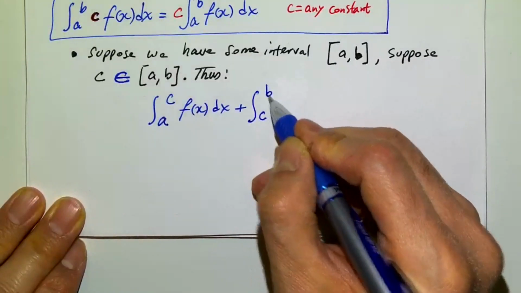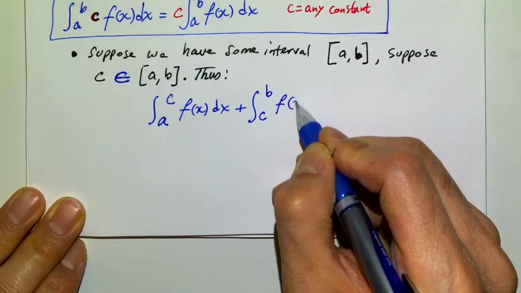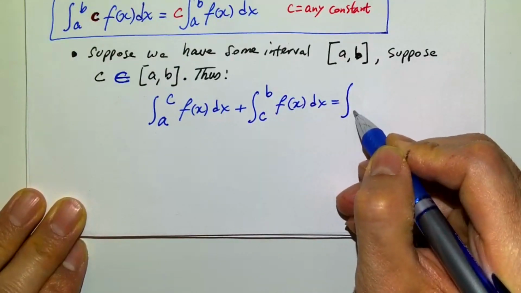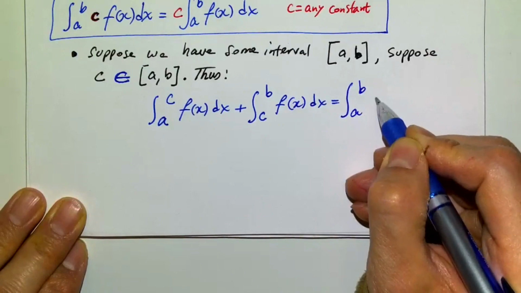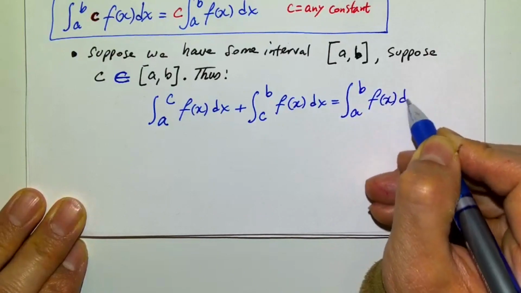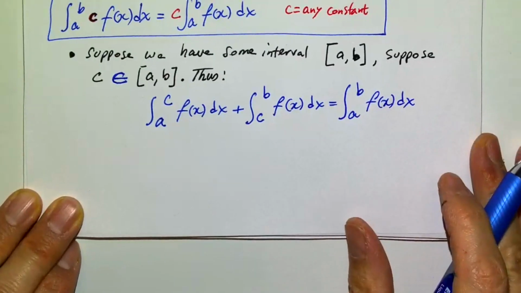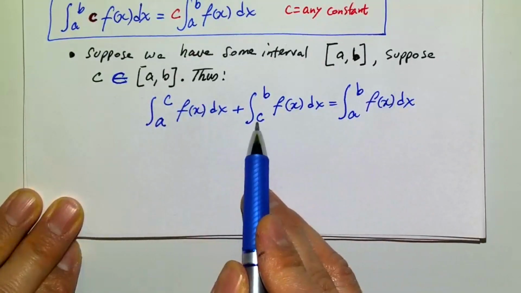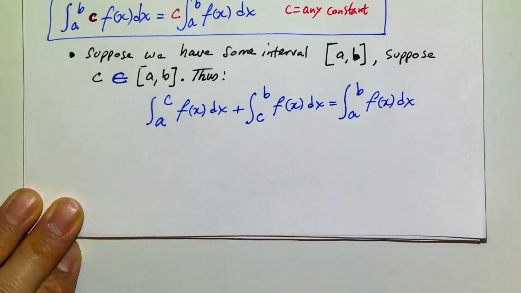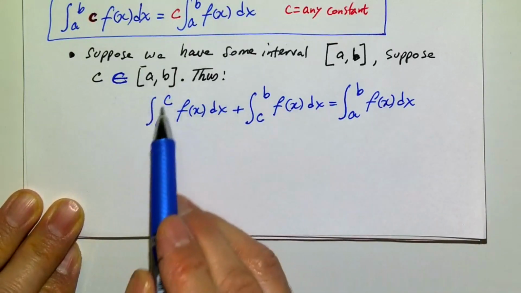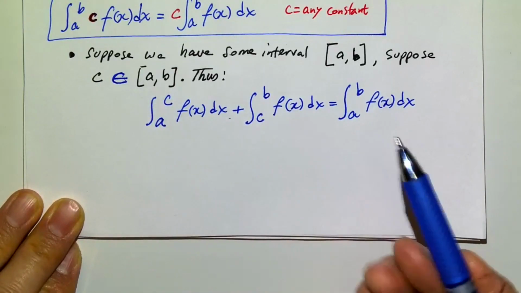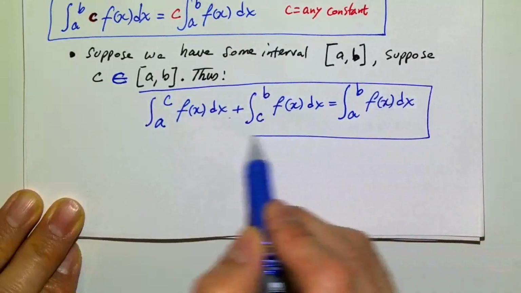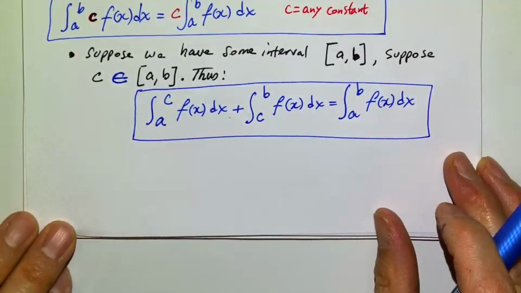From c to b of f of x dx is the same thing as if you take the net area from a to b of f of x dx. I hope you can see how this side is equal to that, right? With c being in the middle. So a to c plus c to b is the same thing as going from a to b. Okay, like that.